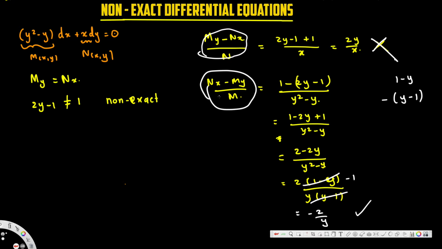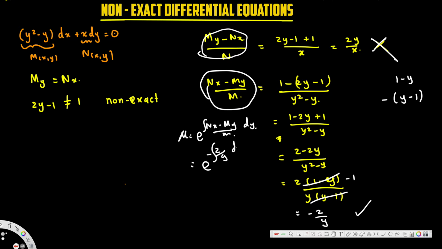The formula for the integrating factor is mu equals e to the power of the integral of this whole term, (Nx minus My) divided by M. We found this term already, minus 2 over y, so we have to integrate this with respect to y. So we have e to the power of the integral of negative 2 over y.